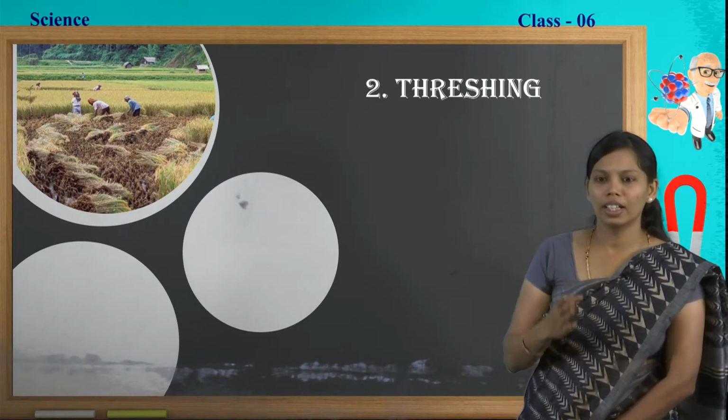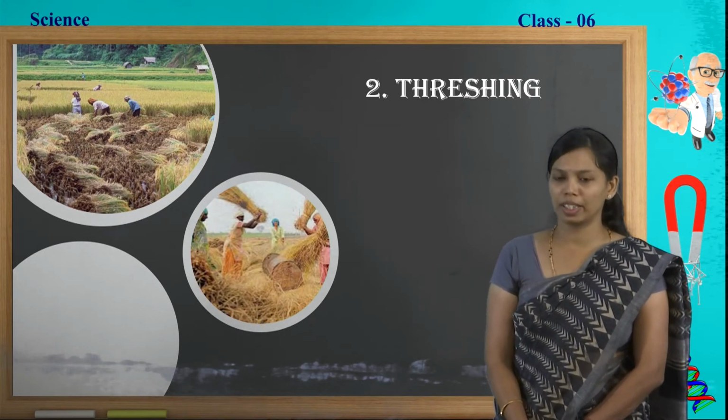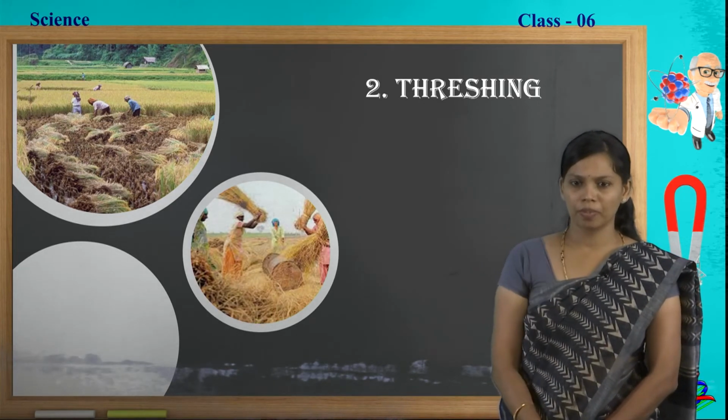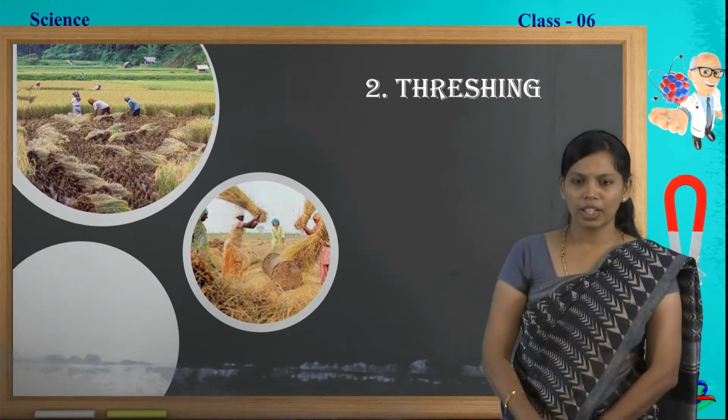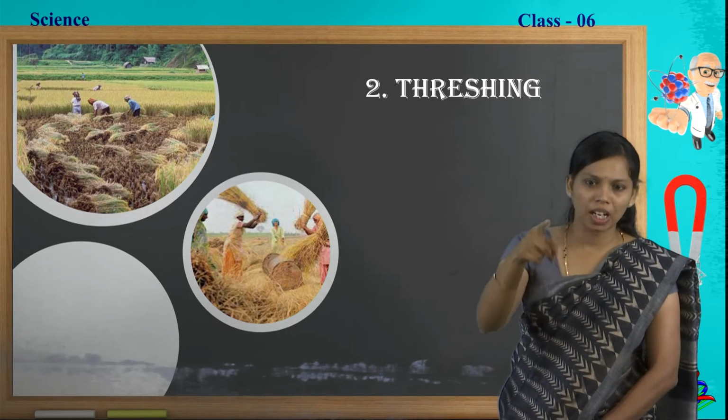So, for that we introduce the threshing method. What is the meaning of the threshing method? Look at the picture there. What the people are doing there is they have taken the bundles of stalks and they are beating them on the hard surface. What happens when we beat like that? The grains get separated from the stalks, and many people are doing that.